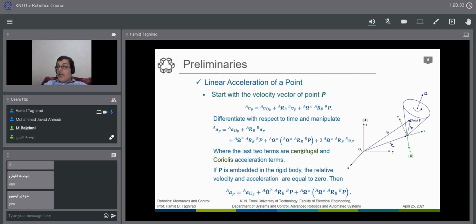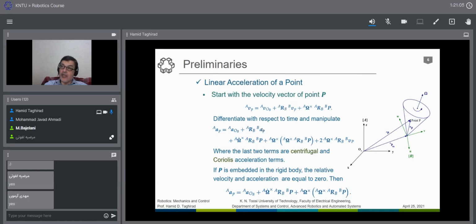Now, at the final point in here, if this point P is embedded in the system, as we usually have in our robotic case, the point that we are considering is either the center of mass or the joint point. If this point is embedded in that, then the relative velocity is equal to 0, and the relative acceleration is also 0.